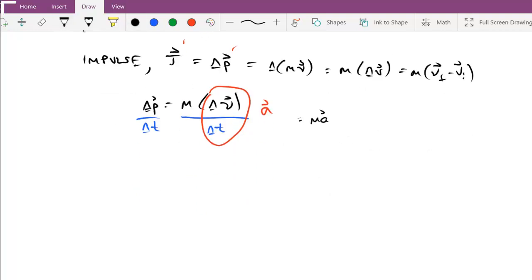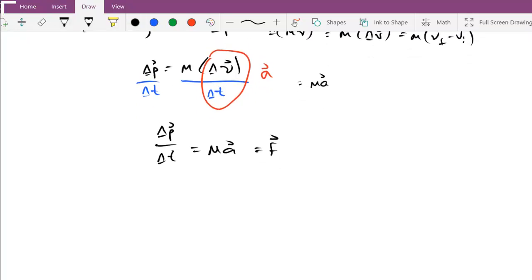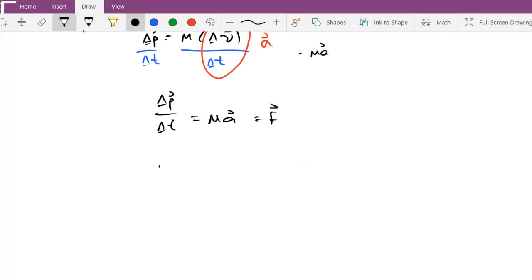So a change in momentum with respect to time is a mass times an acceleration, which is equal to a force. And so we can say here, with a little bit of algebra, that the change in momentum is equal to a force applied over a time interval.